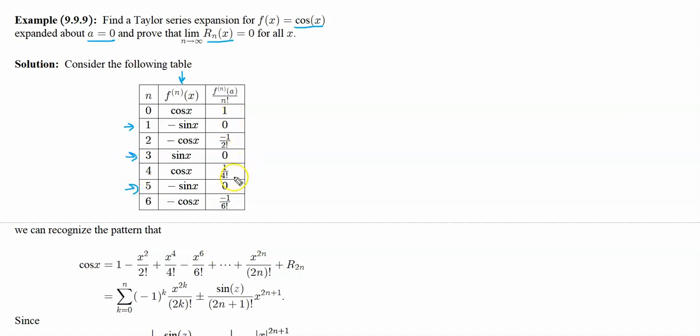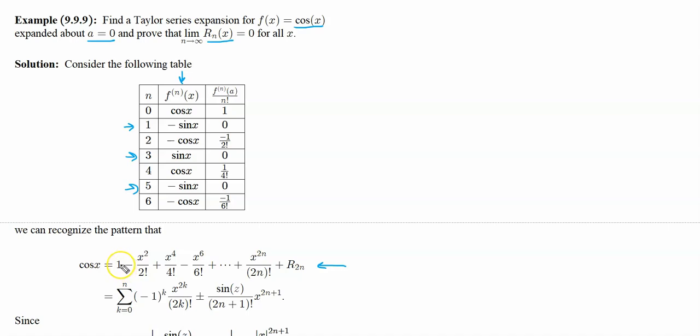the coefficients are 0. So in other words, your Taylor series expansion for the cosine function will contain no odd powers of x. Okay, so then right down here we have our Taylor series expansion.